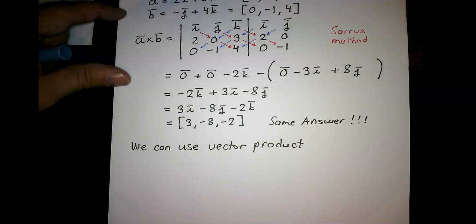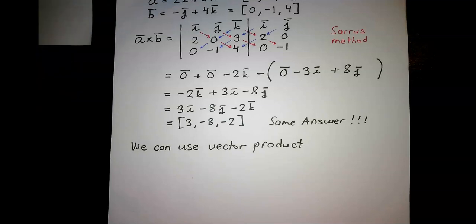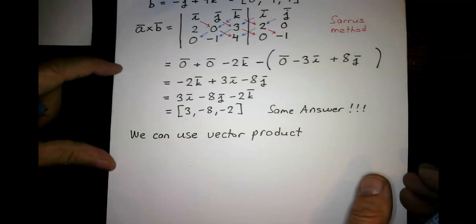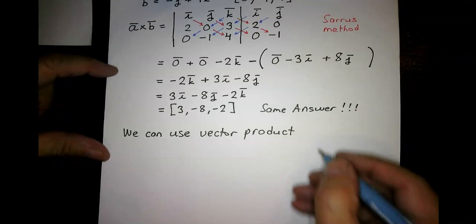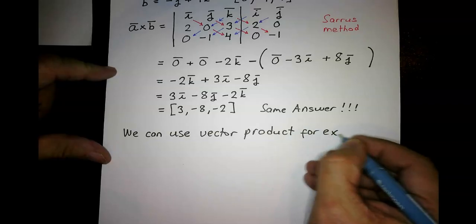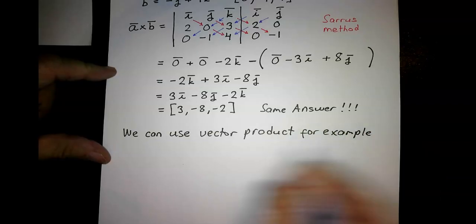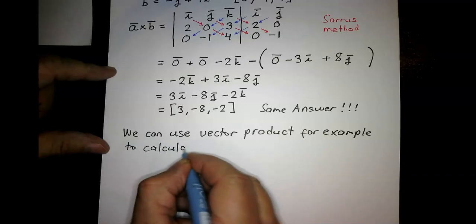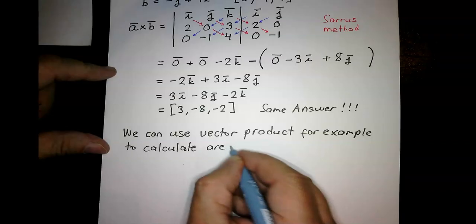Of course, there are many applications, but in this course I probably will take only the two most usual applications. We can use vector product, for example, to calculate areas.